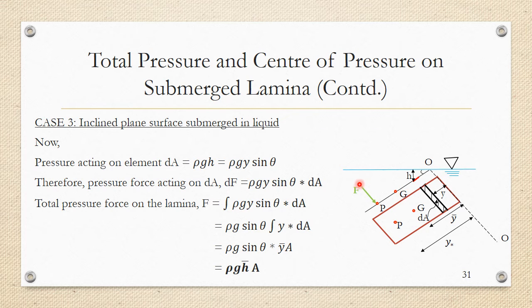Here I have marked the pressure force F acting at center of pressure P. Now you must notice the direction in which total pressure force F is acting. It is acting normal to the plate. Okay, it is acting normal, at 90 degrees, to the plate.